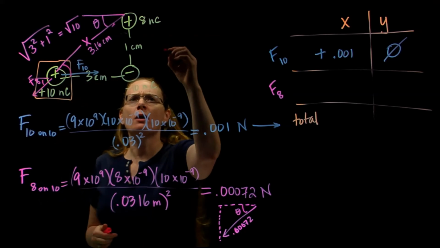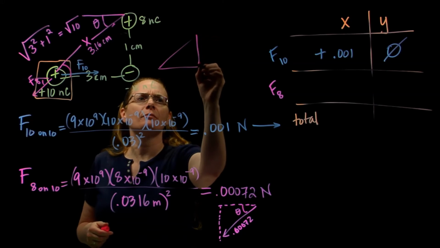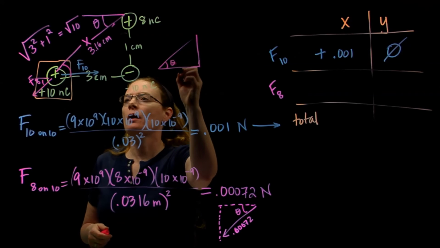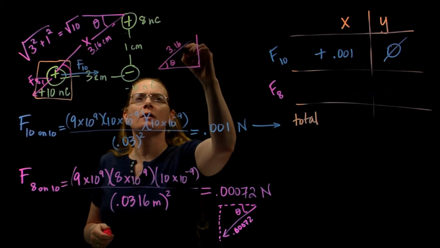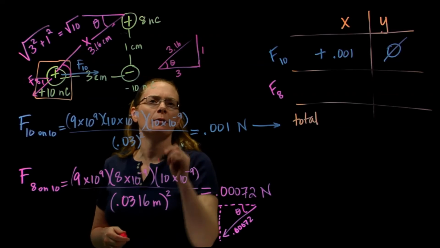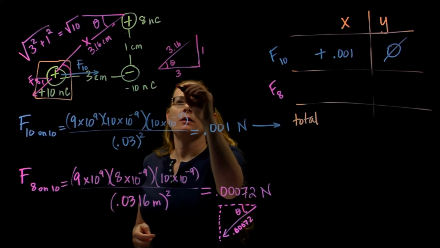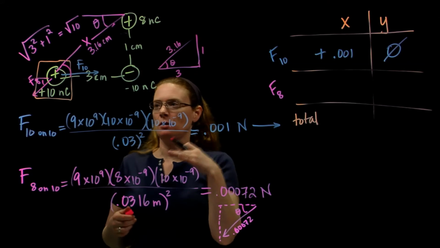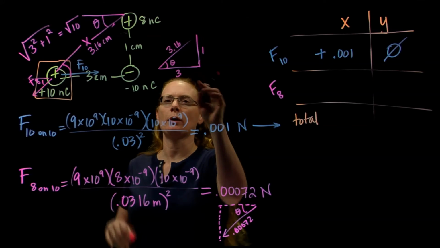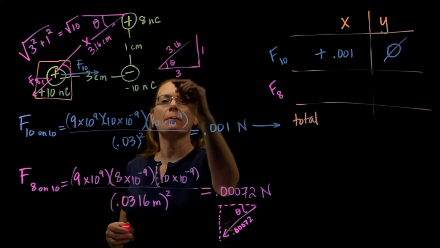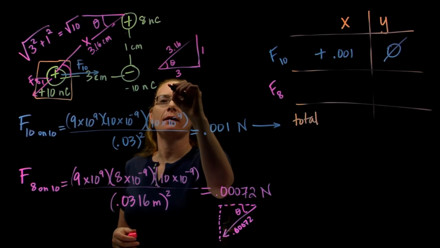Okay, so if I draw a little triangle here, and this is my angle, I know this is 3.16, this is 3, and this is 1. If I want to know what that angle is, I can do inverse tangent, inverse sine, inverse cosine, whichever one. I like 1 and 3, they're simple. So I'm going to do the tangent, opposite and adjacent.